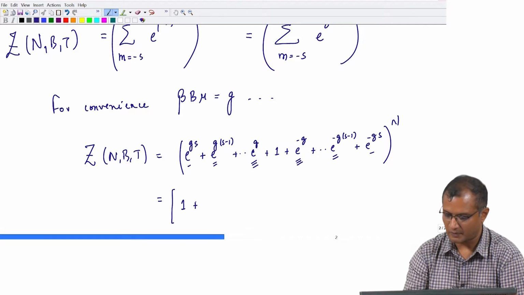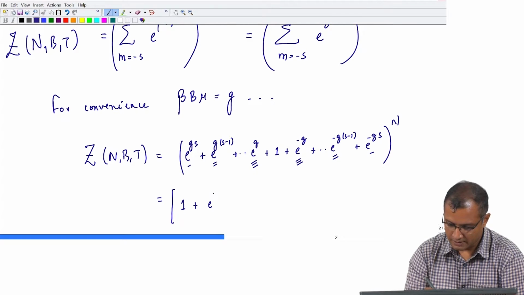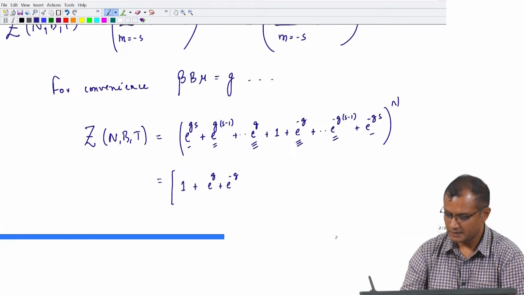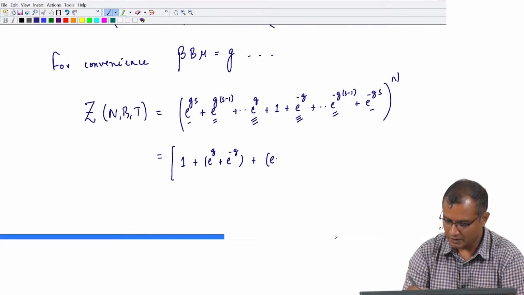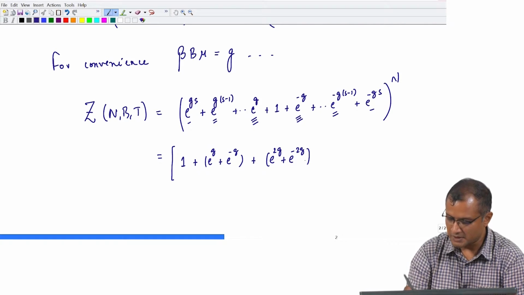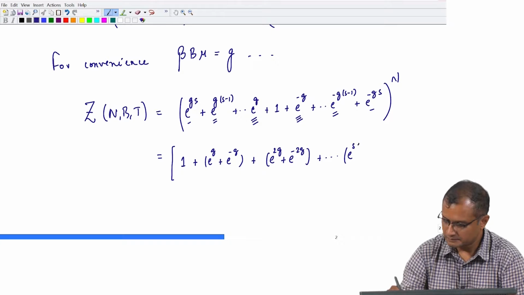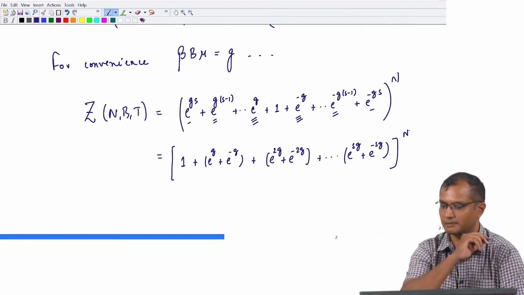1 plus, so I am going to write 1 first, e to the power g, okay, club these two, then you can write e to the power twice g, to g all the way to that would be the last term.